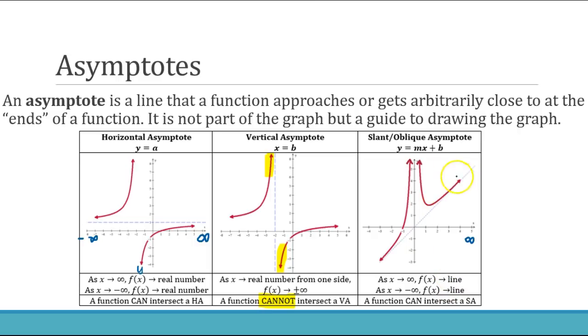I can see I'm getting close to this dotted line here. And same thing as x values approach negative infinity, my y values are getting really, really close to this line, and we can intersect a slant asymptote. It is possible, but it doesn't have to happen.